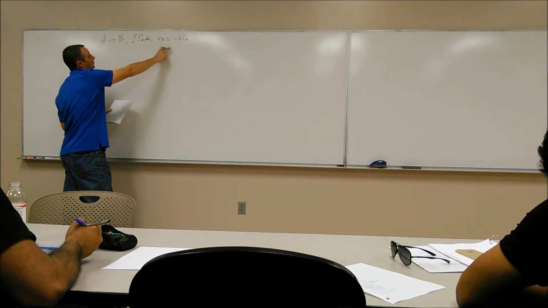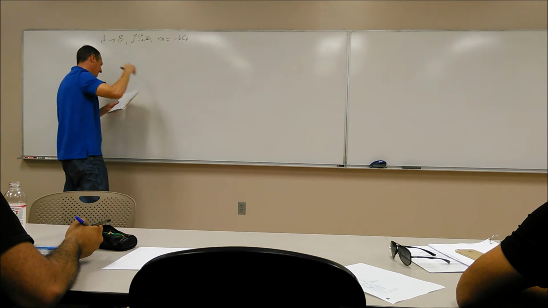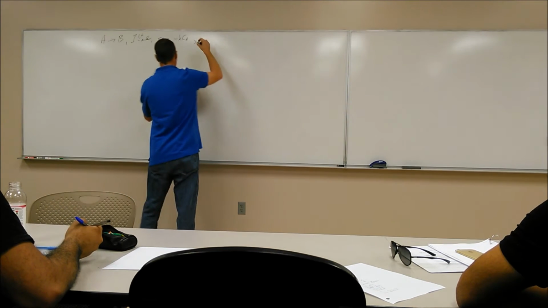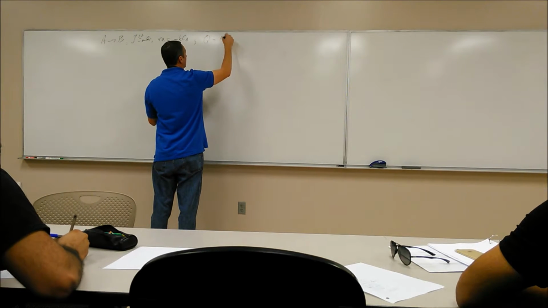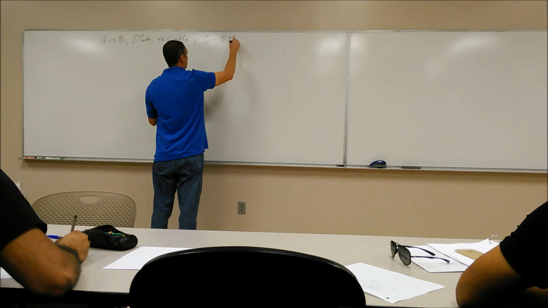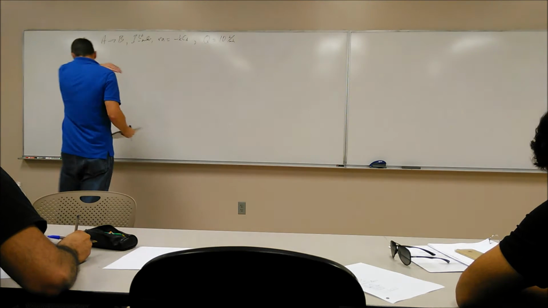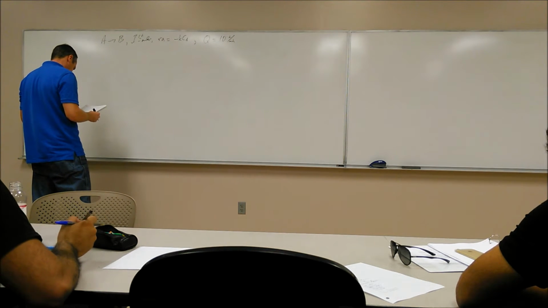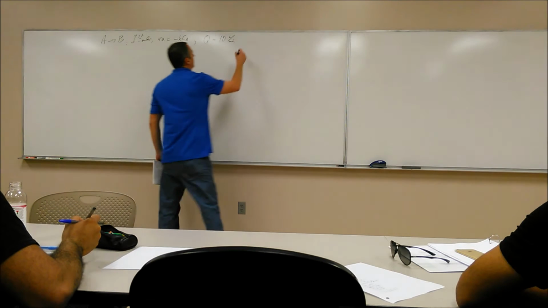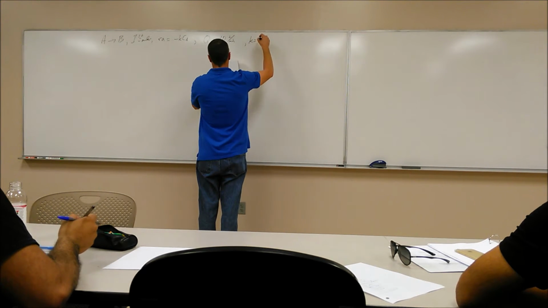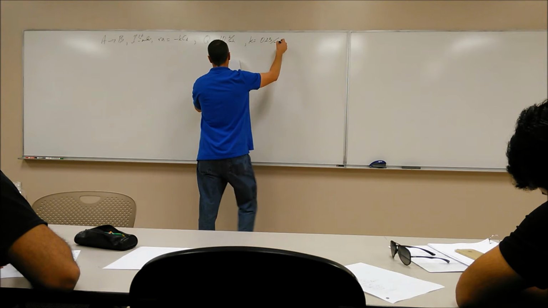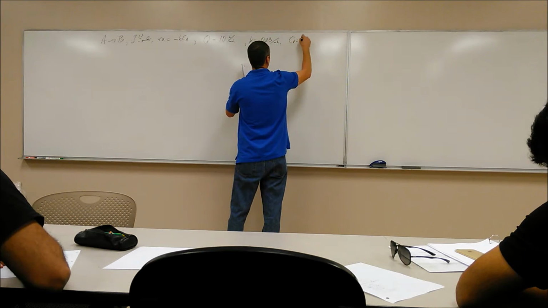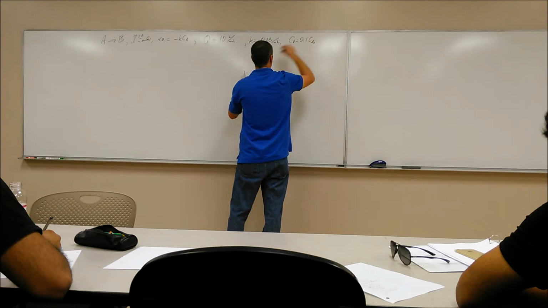A is being consumed, so it'll be a negative term there. That negative is up to you whether you want to put it in right there or later. Volumetric flow rate is 10 liters per minute. Rate constant, 0.23 per minute, and C_A equals 0.1 C_A0.